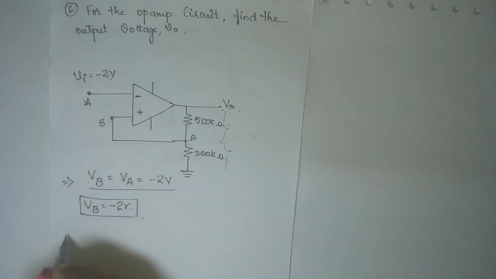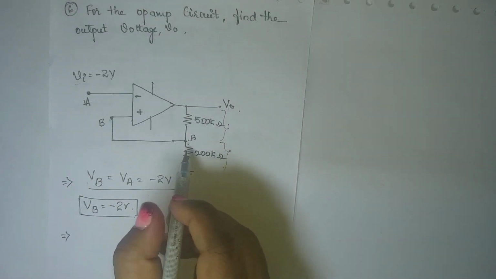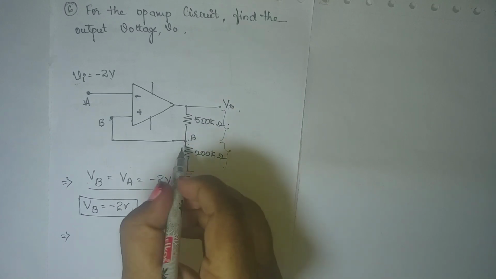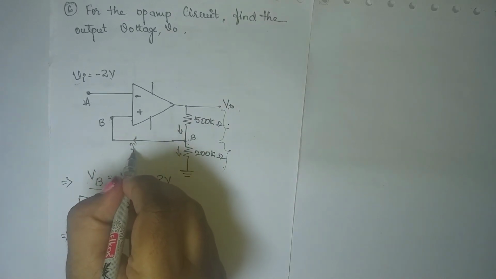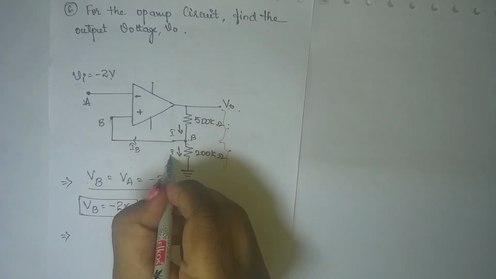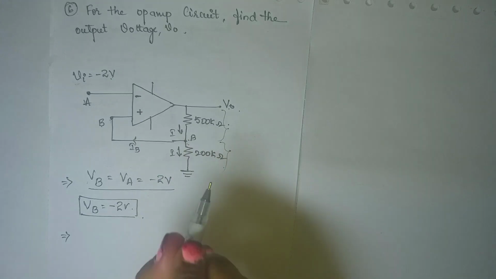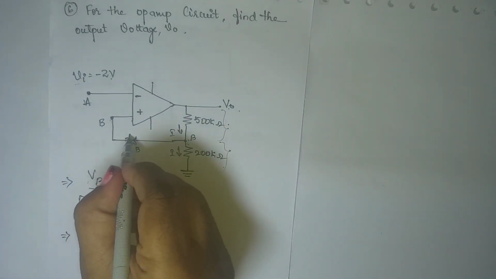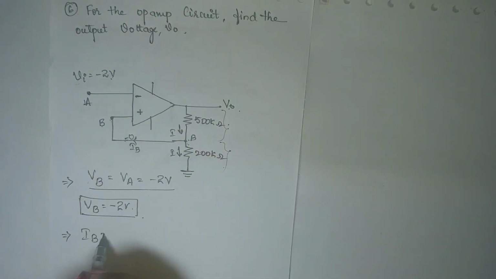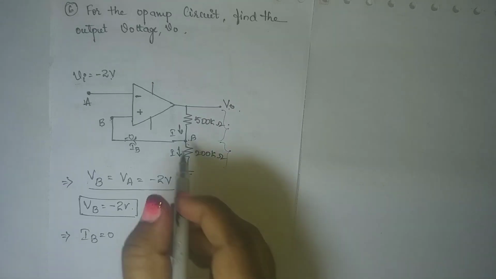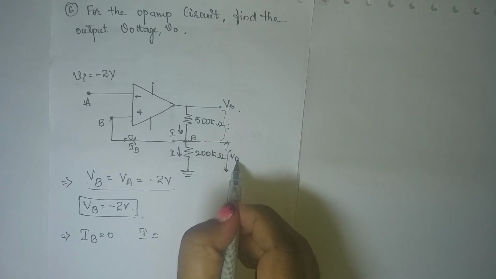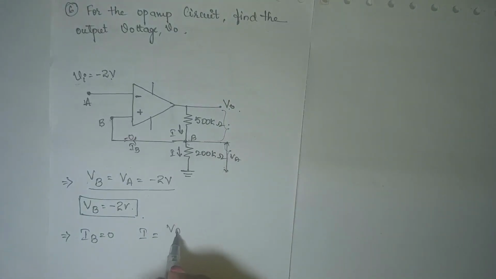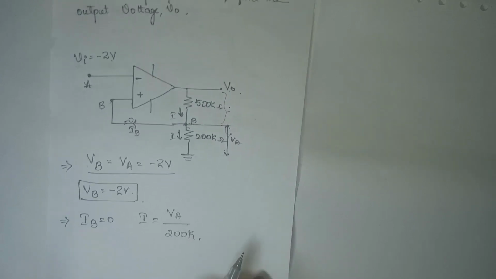In the second step, I need to find the current. I assume the current is flowing in this direction. Because there is no current IB, IB is equal to 0, and both have the same current I. So I is equal to the voltage drop from this point to ground, which is VA, divided by 200K.